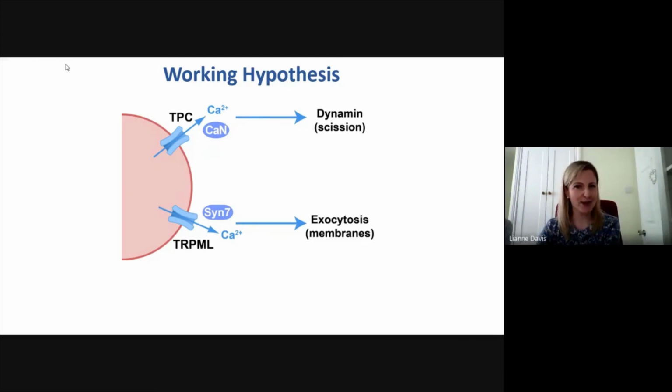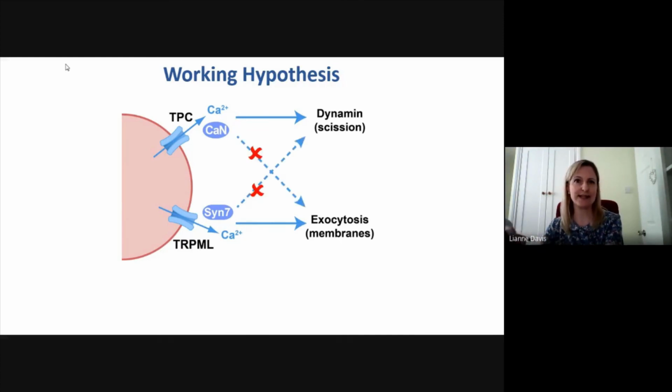How this exquisite compartmentation at the level of the lysosome is established architecturally is unclear. So our working hypothesis is that calcium sensing decoding molecules like calcineurin and synaptotagmin 7 physically associate with their respective upstream channel and only sense the locally high calcium nanodomain in its immediate vicinity.